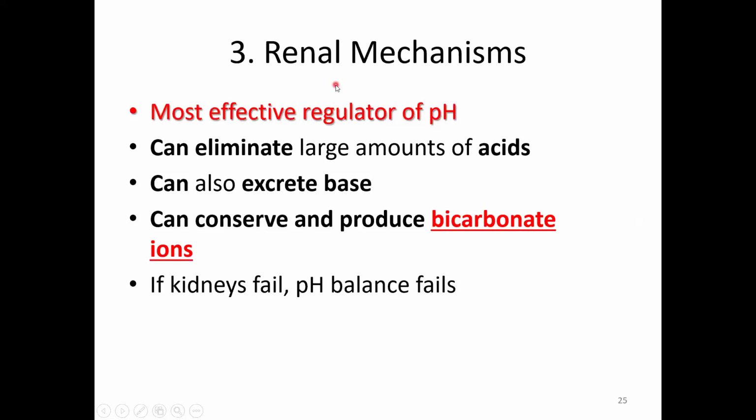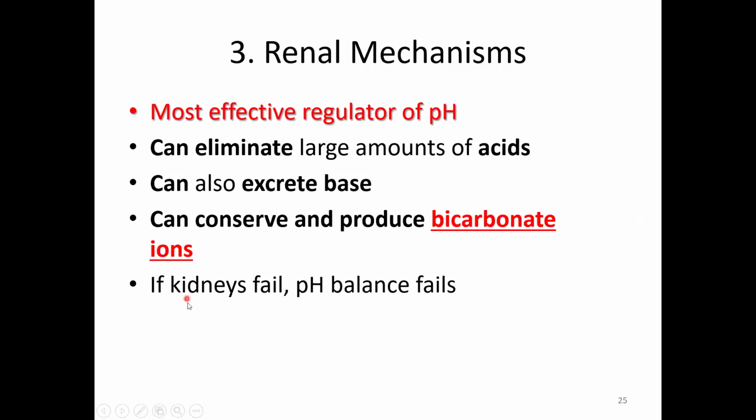The renal mechanism is the most effective regulator of the pH, because the kidneys are able to eliminate large amounts of acids, and they are also capable of excreting bases. Moreover, not only are they effective in excretion and elimination, but the kidneys can also conserve and produce bicarbonate ions. They also have the capability to retain ions.